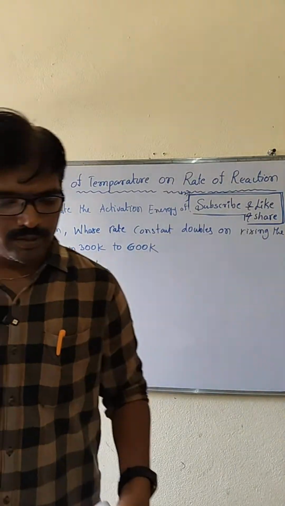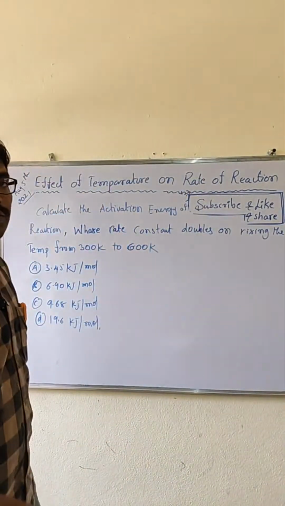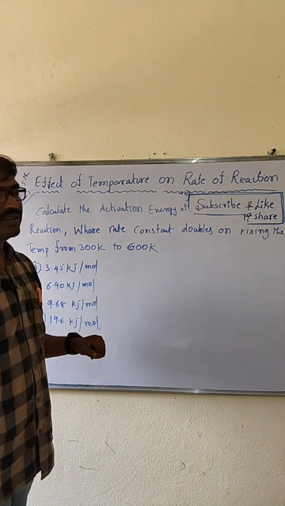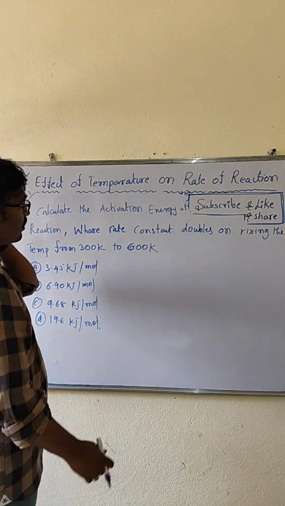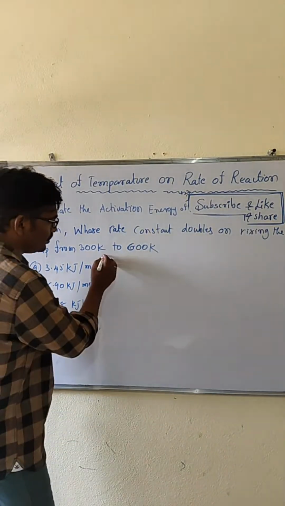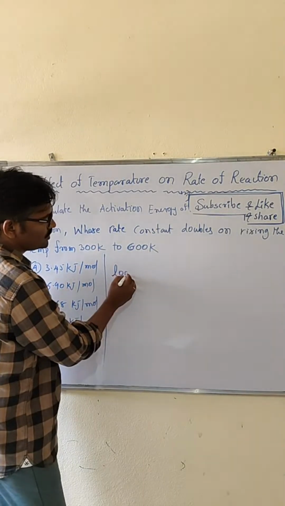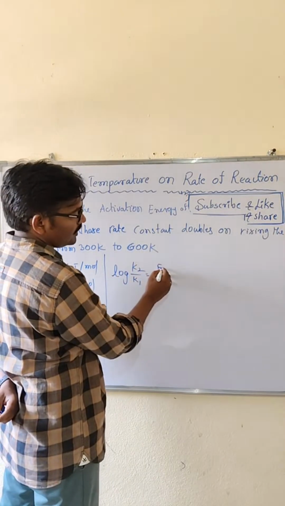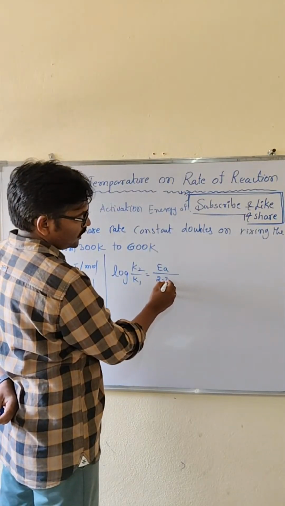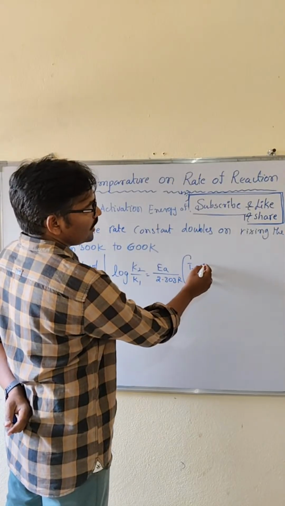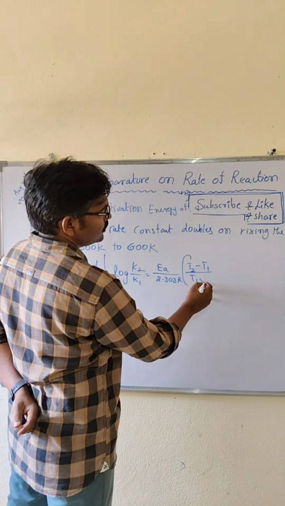Look at my dear students, this is the question. Which formula do we have to use for this question? Two different temperatures are there, and the rate constant doubles when the temperature is raised. So with two different rate constants, log K2 divided by K1 equals Ea divided by 2.303 R, into T2 minus T1 divided by T1 into T2.